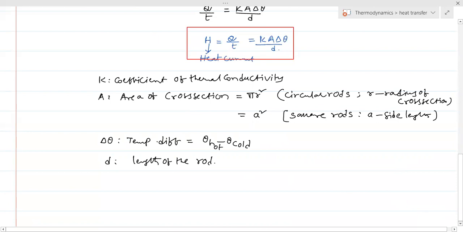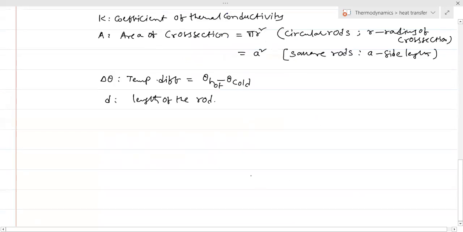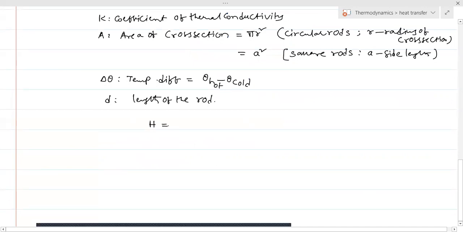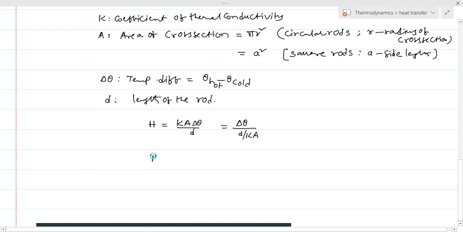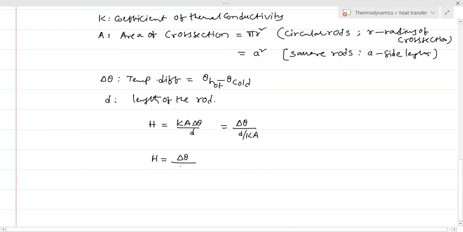So here we are converting that heat current formula into a specific format. Instead of writing K A into delta theta by d, I am writing it in the form of delta theta by d by K A. And H is equal to delta theta by R, where instead of d by K A, I am taking this as the thermal resistance.